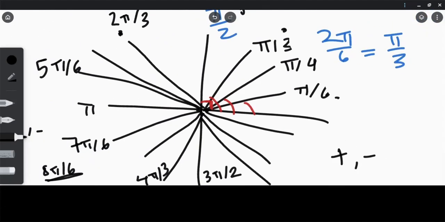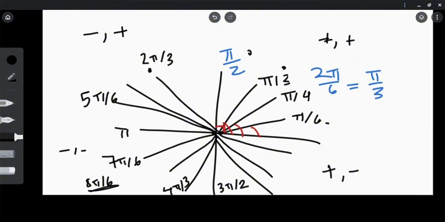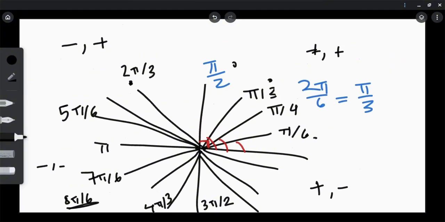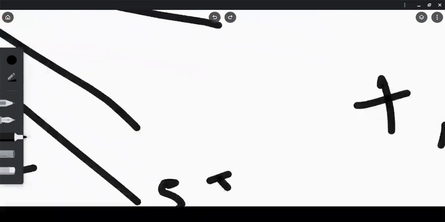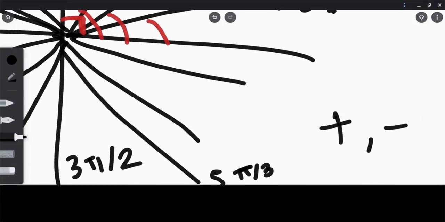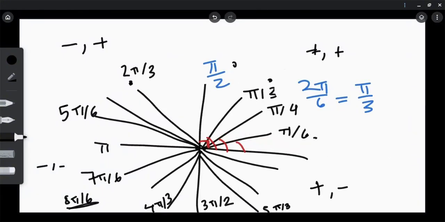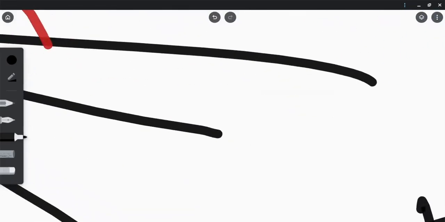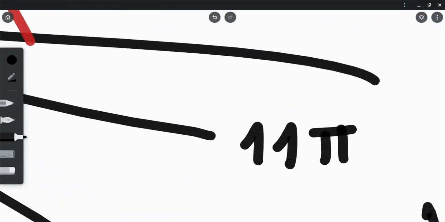So do the addition, and you get the other 2 angles. Okay, so 9 pi over 6 plus pi over 6 is just 10 pi over 6, which is 5 pi over 3. And then you have 11 pi over 6.